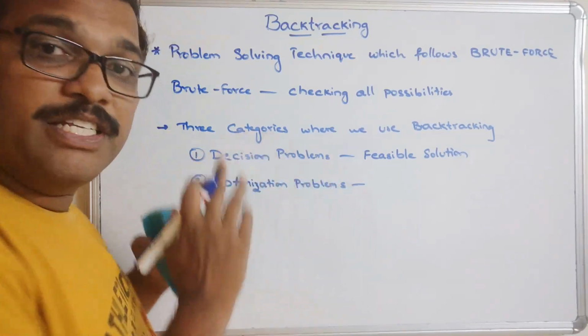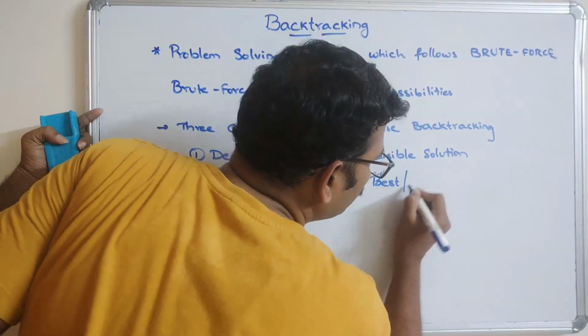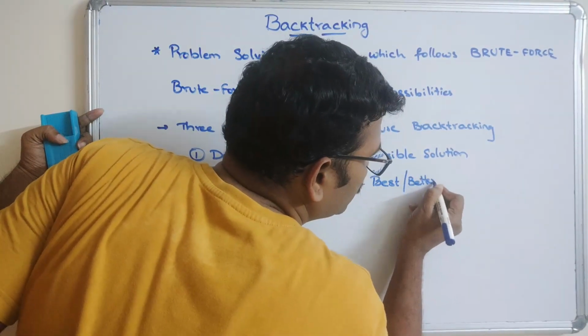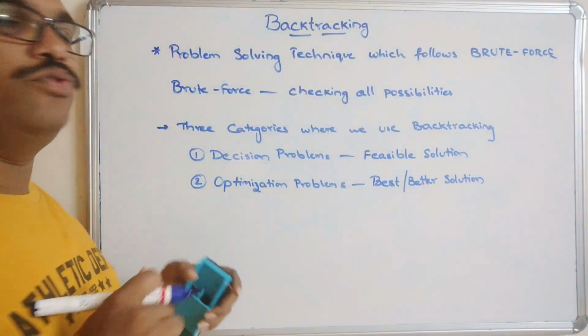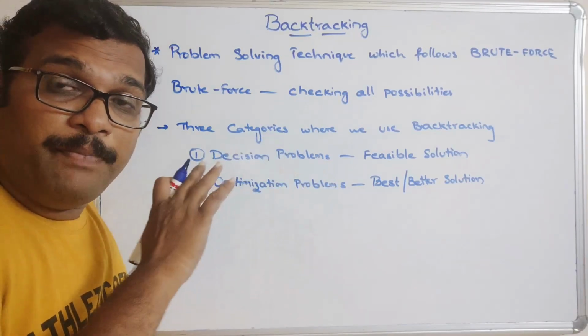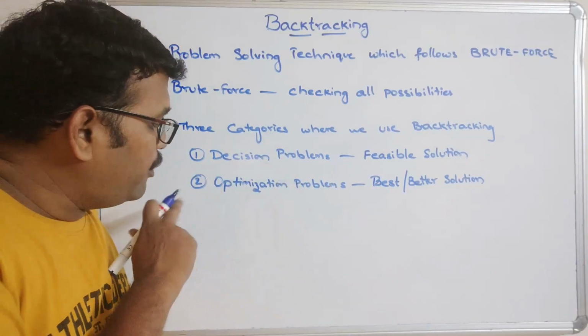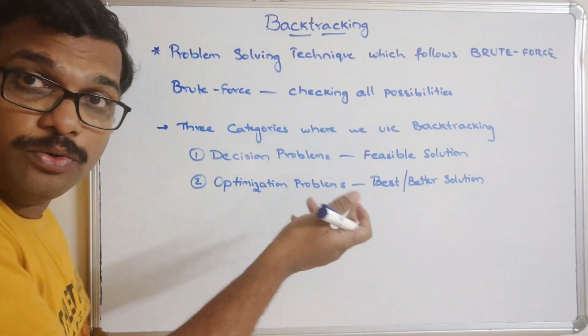That is an optimization problem, the best or better solution. The first one is a feasible solution, and that may not be optimal. And the second one is the best or better solution, the optimal solution.